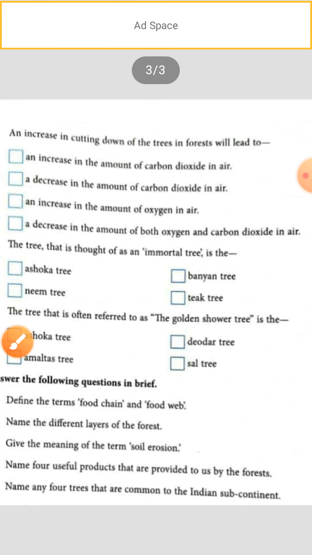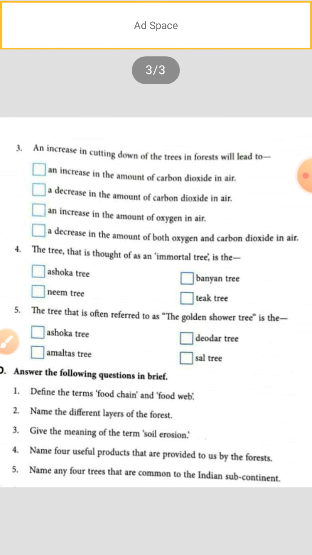Next: an increase in the cutting down of forests will lead to an increase in the amount of carbon dioxide in air, a decrease in the amount of carbon dioxide in air, an increase in the amount of oxygen in air, or a decrease in the amount of both oxygen and carbon dioxide in air.